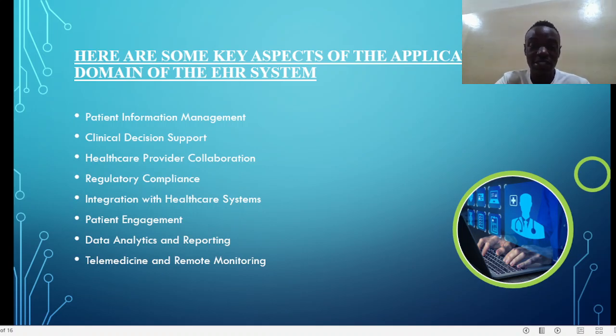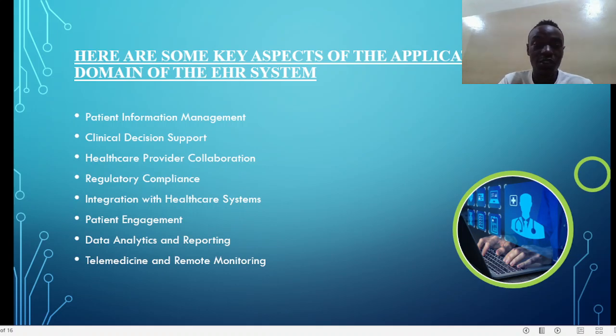Then we have patient engagement. My project will include a patient portal or mobile applications that allow patients to access their health records. We have data analysis and reporting. We have telecommunication and remote monitoring.